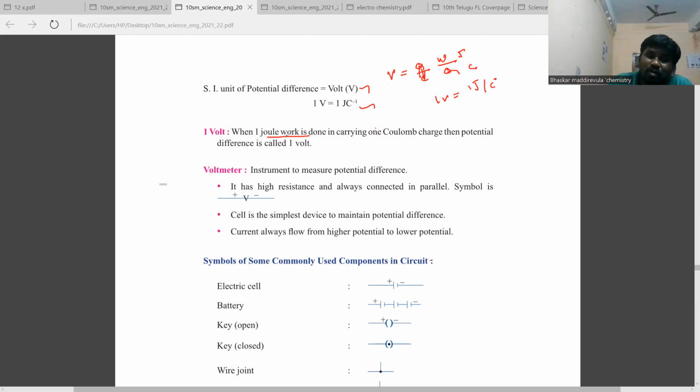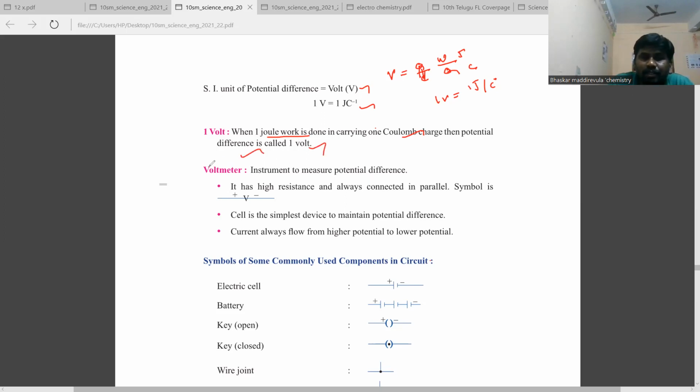When is the potential difference equal to 1 volt? If 1 joule of work is done by 1 coulomb of charge, then the potential difference equals 1 volt.